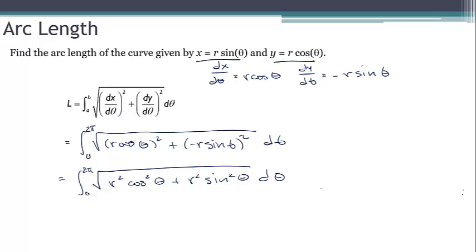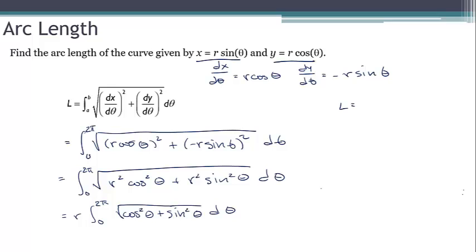Pulling out the constant r, we get the square root of r squared, which is just r. So this is r times the integral from 0 to 2π of the square root of cosine squared plus sine squared. But that's nice: cosine squared plus sine squared is just 1, and of course the square root of 1 is 1.